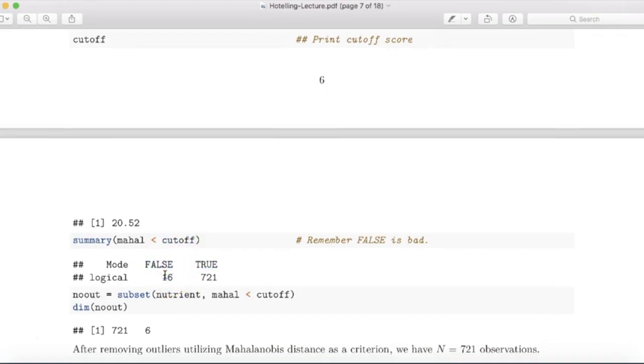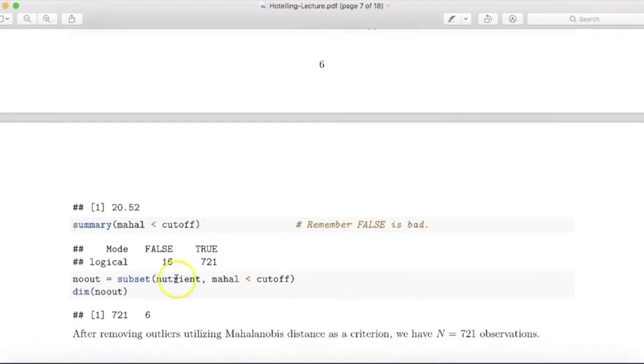So I'm going to remove those 16 outliers, and I'm going to save everything into a new data set that I usually call no out. Then I check for the dimension of that data set, and this is what I have left. So using Mahalanobis distance as a criterion, we ended up with 721 observations.